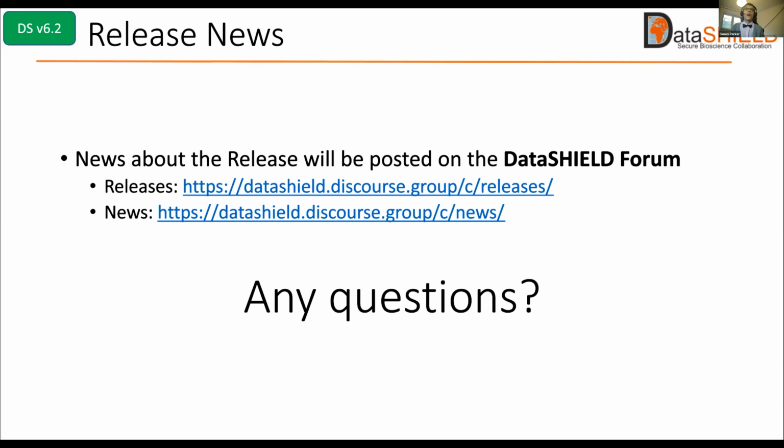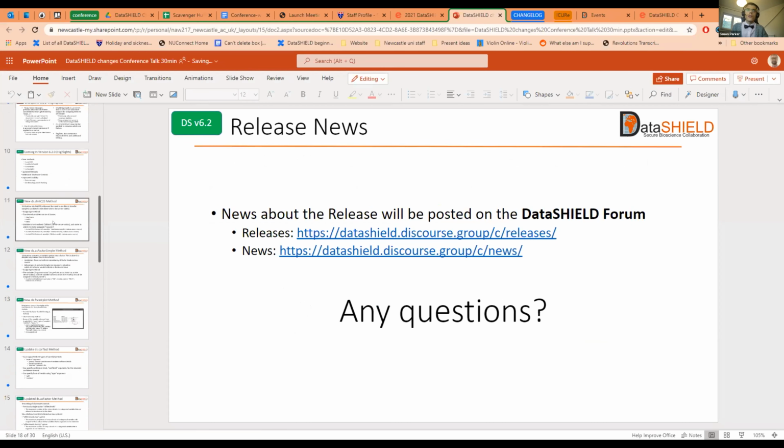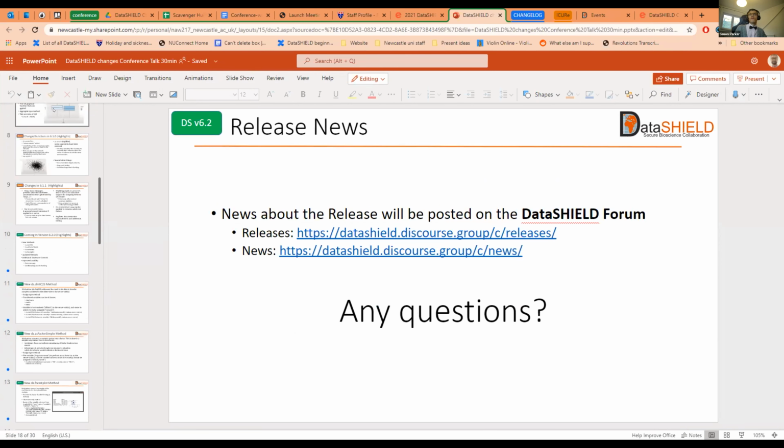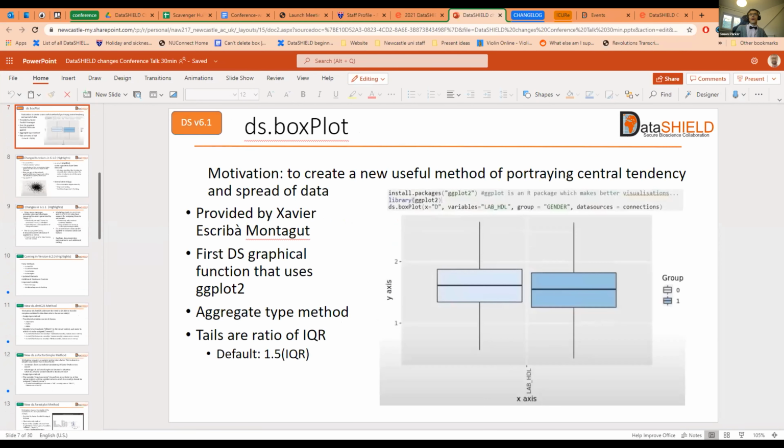One question I had was relating to the DS box plots function, and you mentioned the use of the 1.5 times interquartile range on the tails to avoid disclosiveness. One concern that sometimes comes up in terms of disclosure control is the number of observations in each, say, percentile.